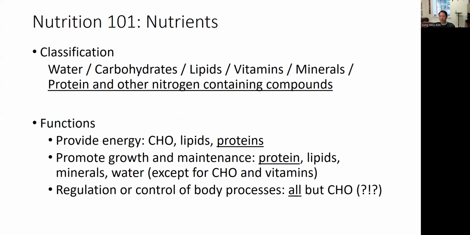And among the 6 nutrients, protein and lipids will be a good part of the tissue, making tissue. In the case of mineral, of course, it will be part of animal body. So minerals are used for the growth and maintenance, and even water.